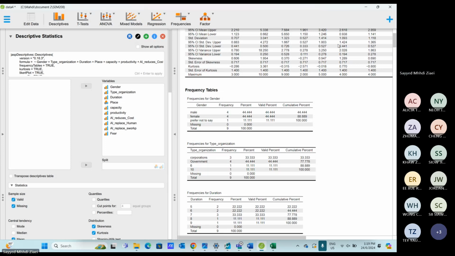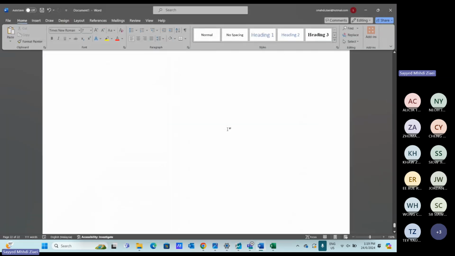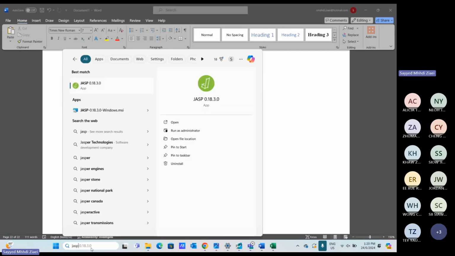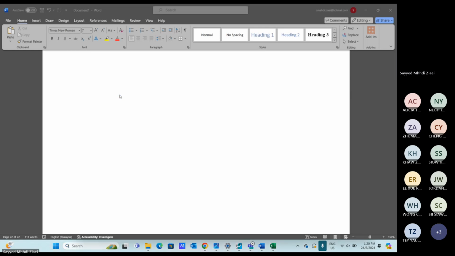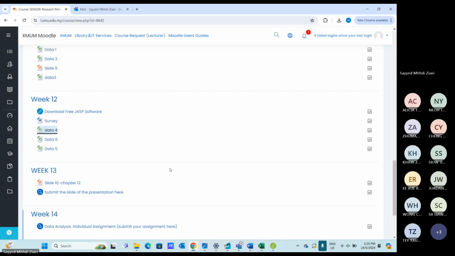Okay. Close everything. Say goodbye to AI. Open JASP again. Download data 6. One important thing about JASP is that your Excel file should have this extension, CSV, otherwise you cannot open it.